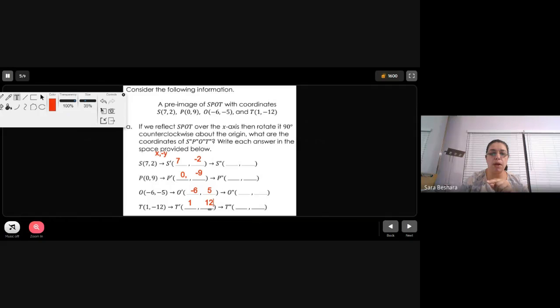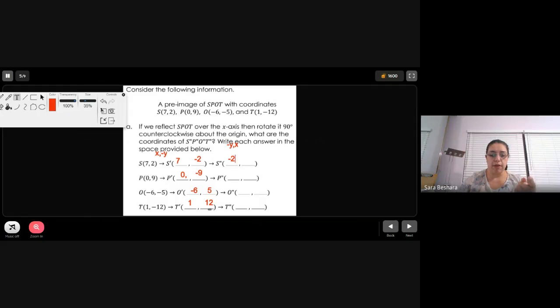Now, the S double prime would be the second route, which is a rotation 90 degrees counterclockwise. When you rotate 90 degrees counterclockwise, your rotation rule is (-y, x), meaning we flip the coordinates and change the sign of the y.